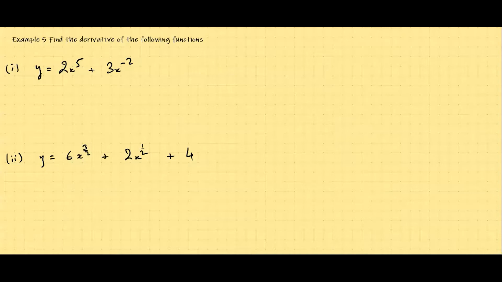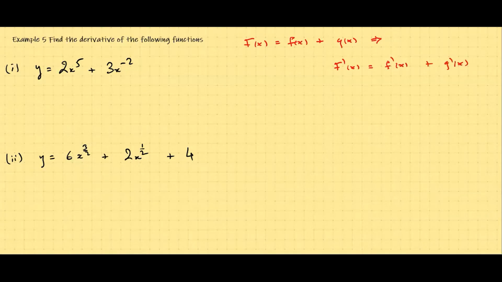What we did show in part 1 of our video series on differentiation is that if we have a function which is made by adding two functions up, then by definition of differentiation, you can differentiate the overall function by differentiating each function and then adding them up, right? So we can use this result to differentiate each of our functions. So let's have a look at the first one.